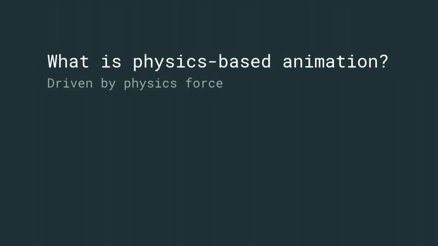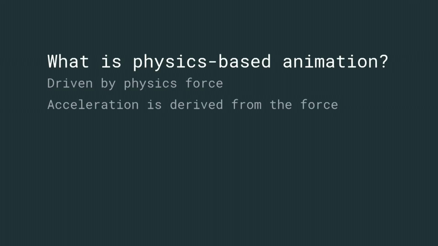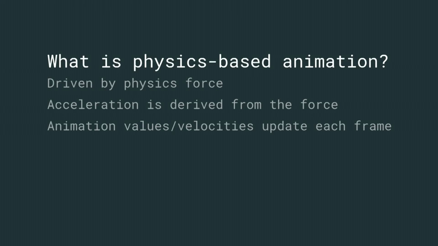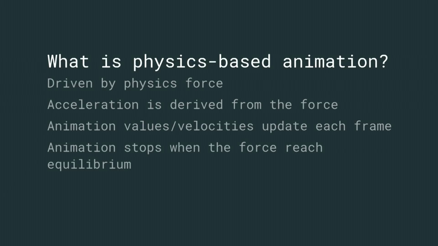Based on this force, we can then calculate the acceleration or deceleration, F equals ma, if you can still remember that from high school. Then we use the acceleration or deceleration to update the values and velocities of the animation on each frame until finally the force reaches equilibrium, and that's the end of the animation.